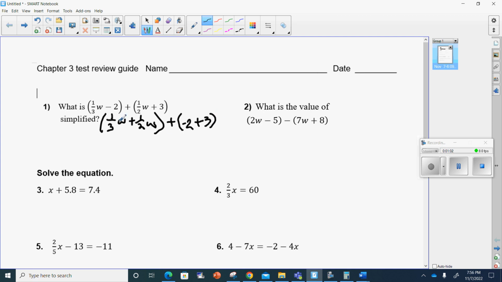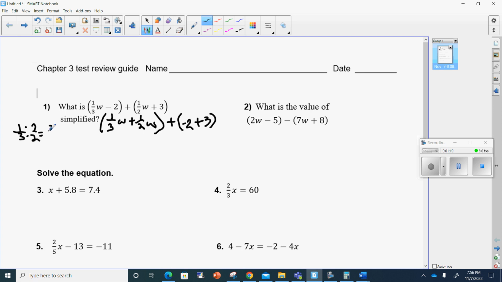All right, I know I need like terms here. I can multiply 3 times 2. I can turn this 1/3 to a 2/6 by multiplying both the numerator and denominator by 2/2.